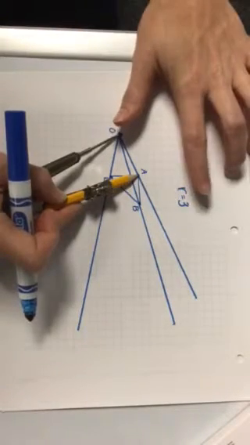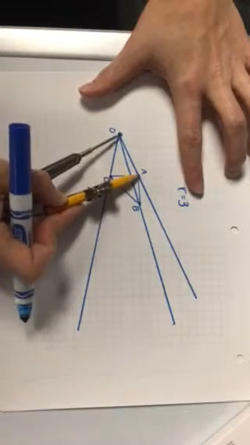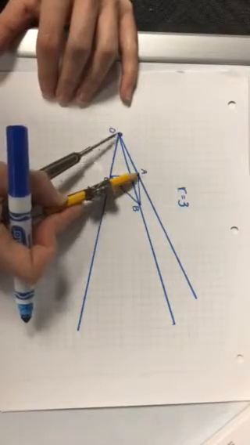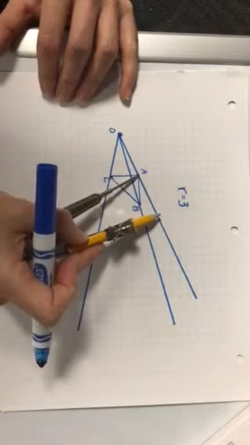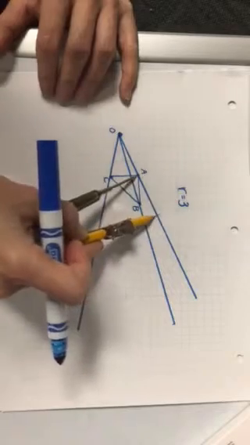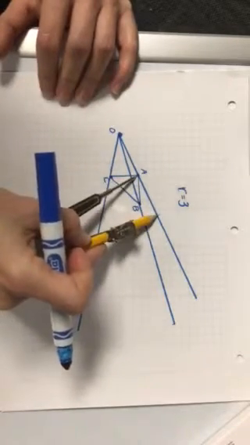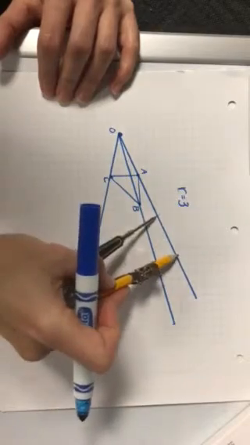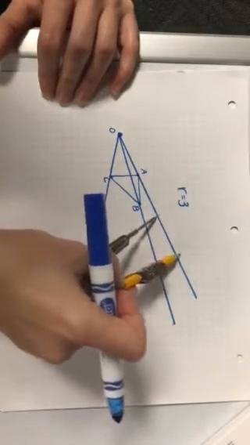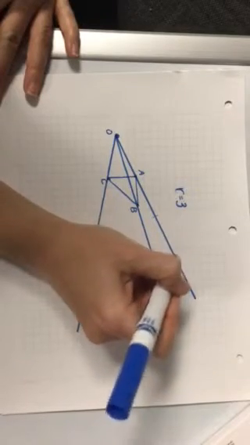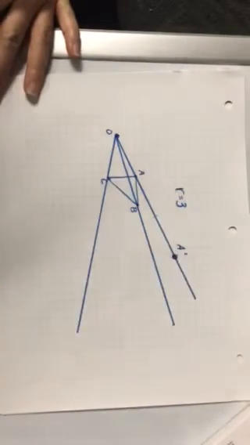And we're dilating by a scale factor of 3. So this part is 1. We lift up, place the compass on A. There's 2. Make a little bitty hash mark. Then lift up and place your compass on that hash mark, and there's 3. So A prime is right there.